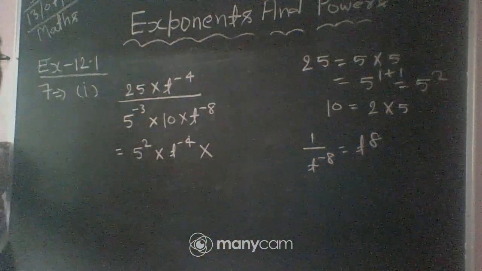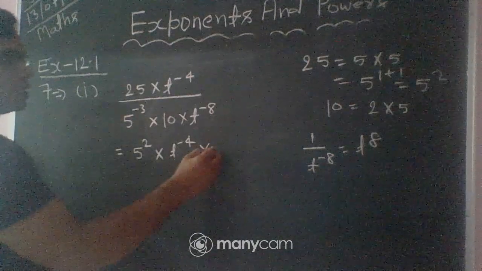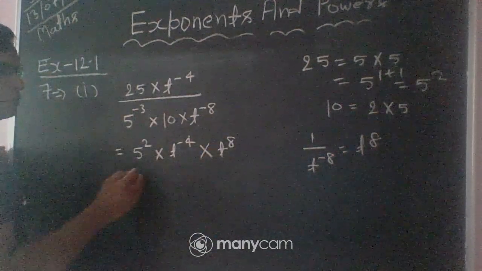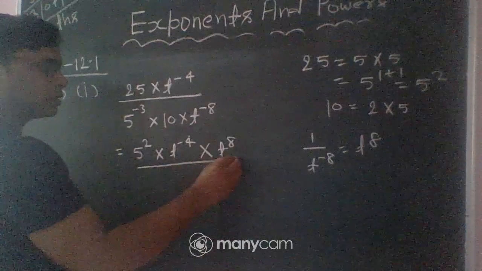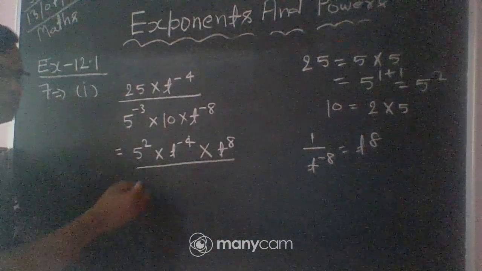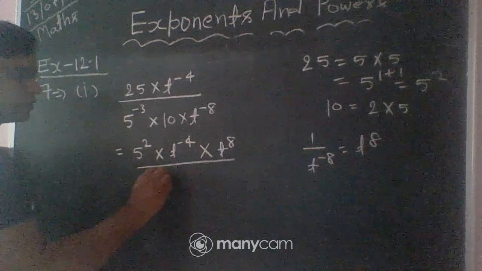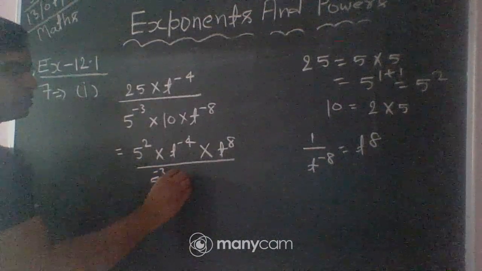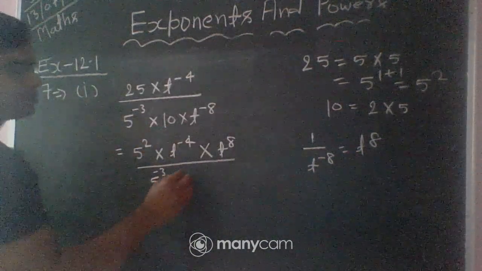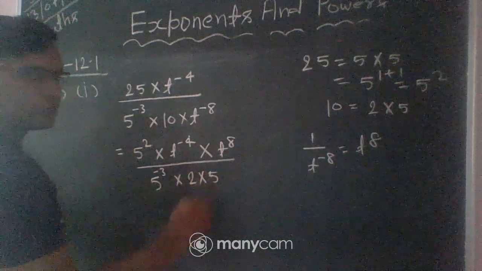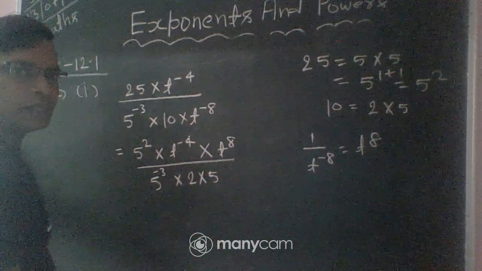So for this we can write here t power 8. Now here in denominator we have 5 power minus 3 into 10, you can write 2 into 5. Clear?